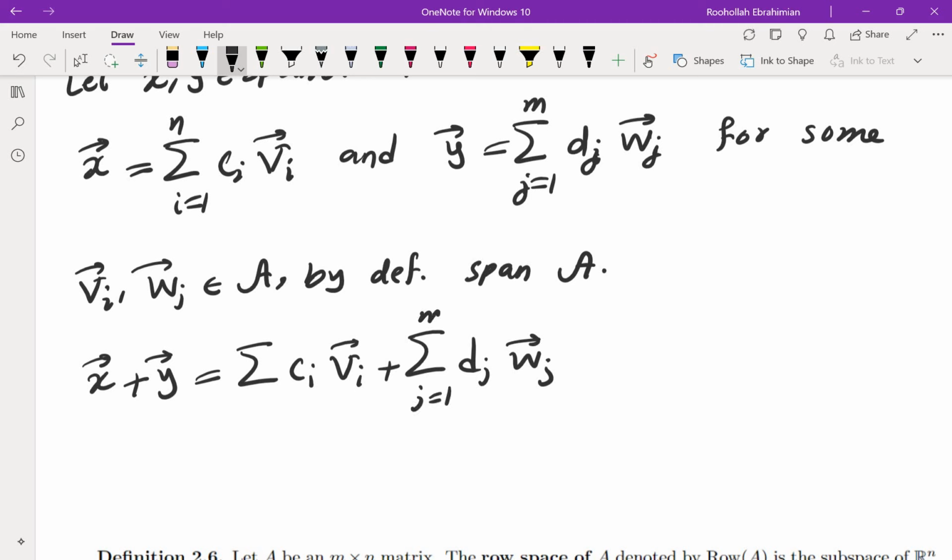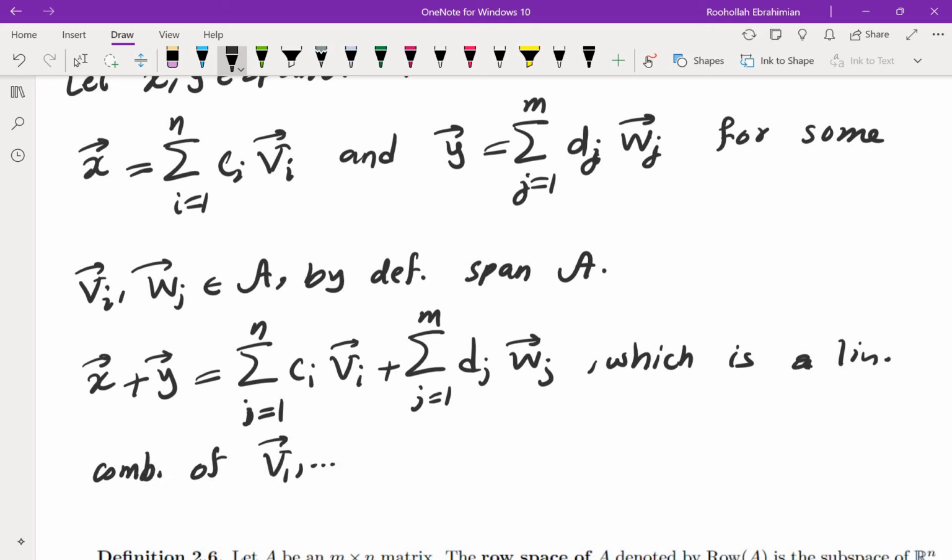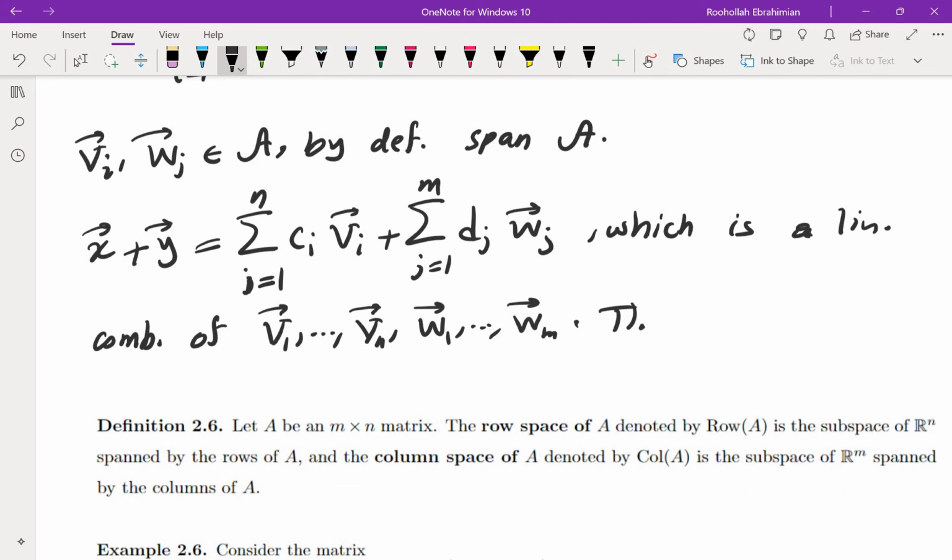This of course is a linear combination of vectors V1 through Vn and W1 through Wm. So what does that mean? That means that this sum, X plus Y, is in fact in the span of A.